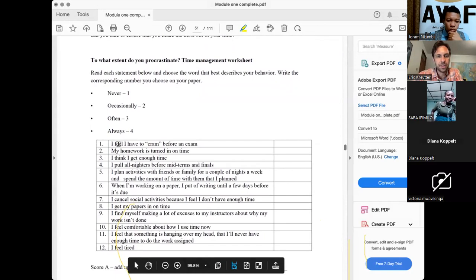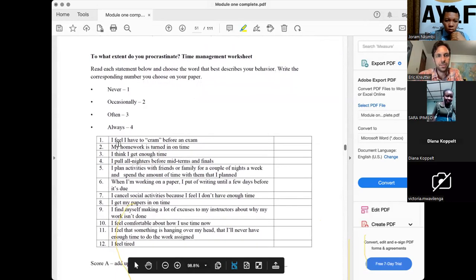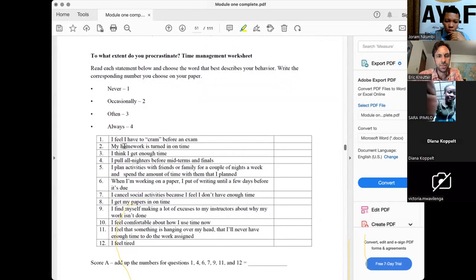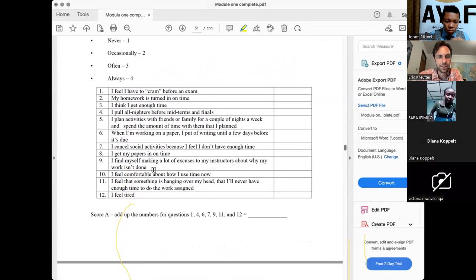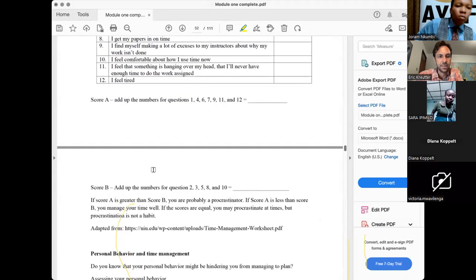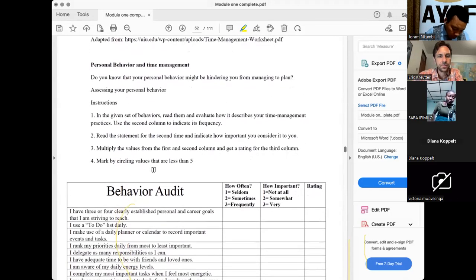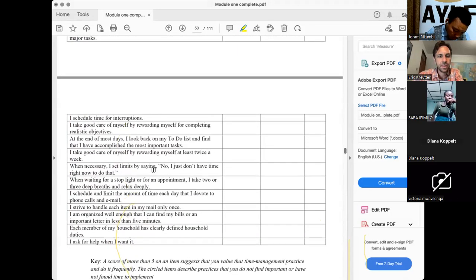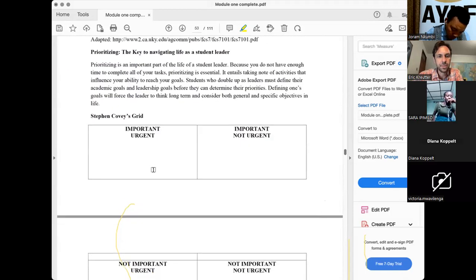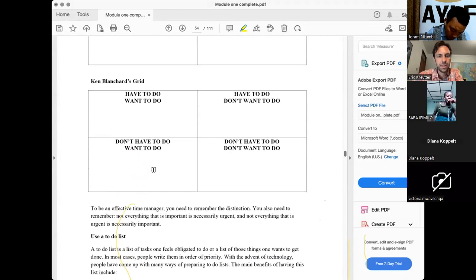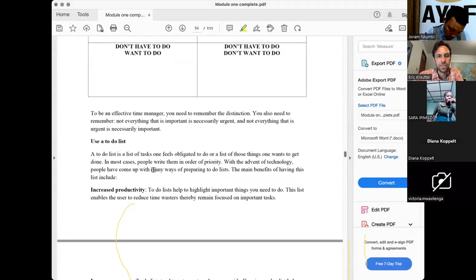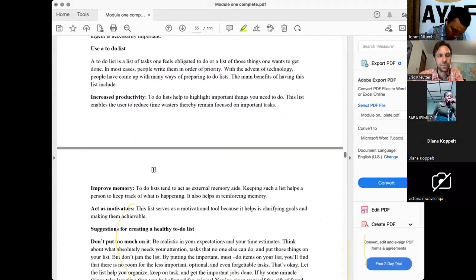So it's kind of a self-assessment that you can do to understand how effective you are in time management, and has to do with some of your thinking patterns and things like that. All right, I'm going to skip through these things because I do want to show you a sample of the way that I manage my time.